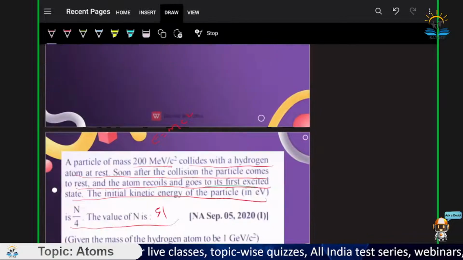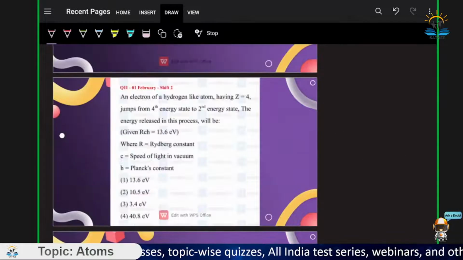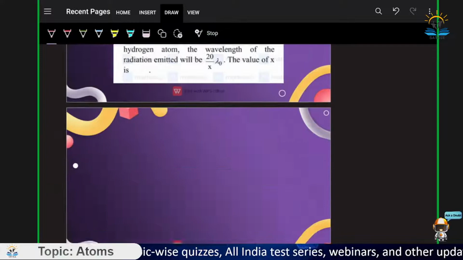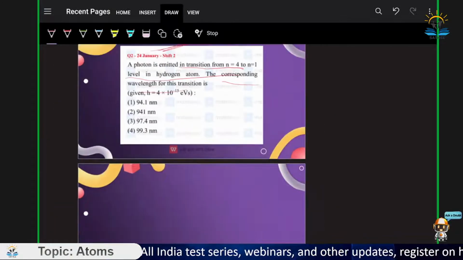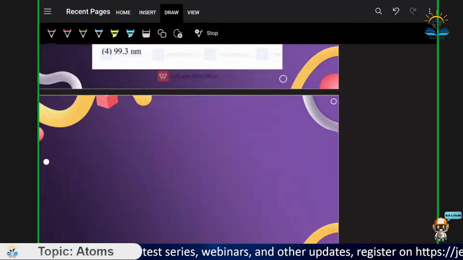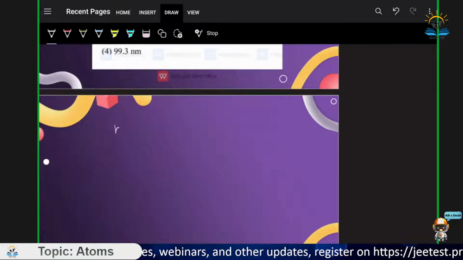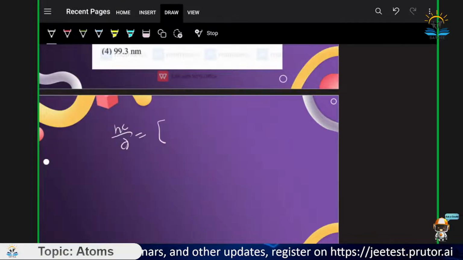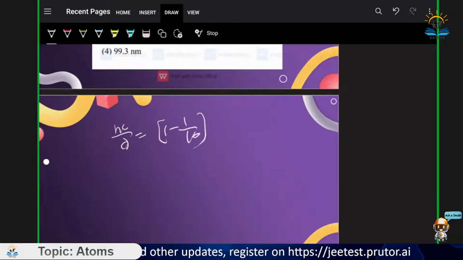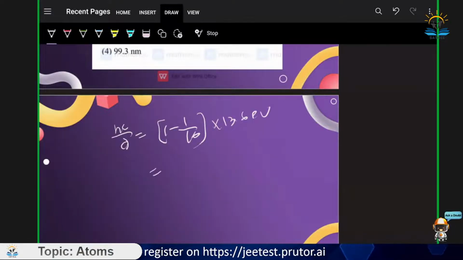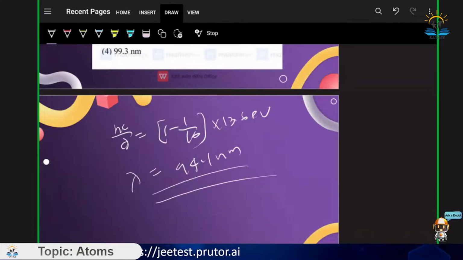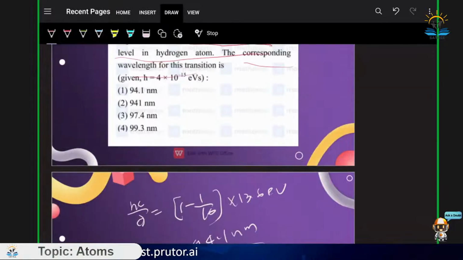We can solve like this also if you don't remember the energy gap. We have the equation hc by lambda equal to 13.6 into 1 minus 1 by 16. In eV, if we solve this, we will get 91.4 nanometer. Simple calculation only. So option 1 will be the correct answer.